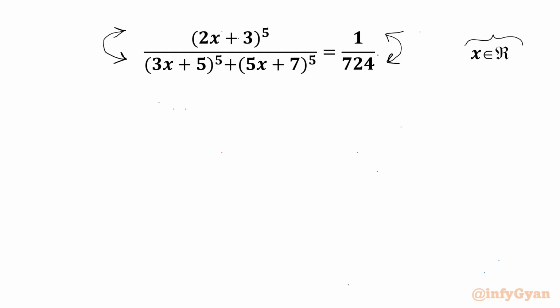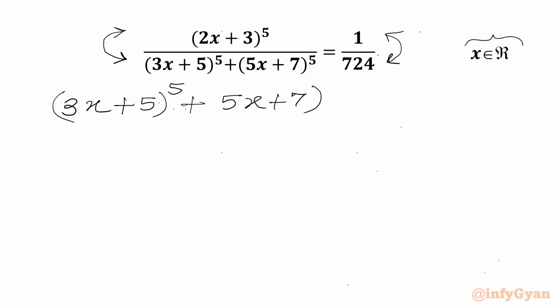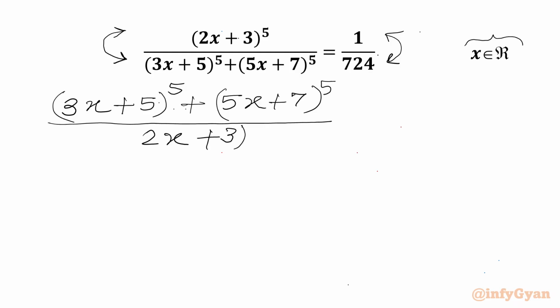So let's consider reciprocal. I will get (3x plus 5) whole power 5 plus (5x plus 7) whole power 5 over (2x plus 3) whole power 5. In RHS, reciprocal of 1 over 724 will be 724.